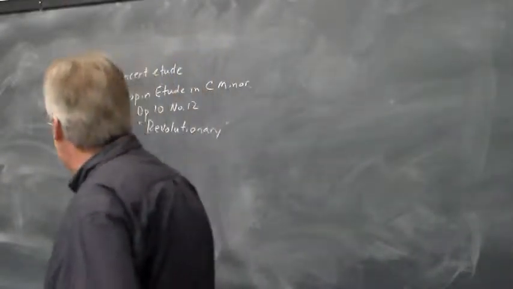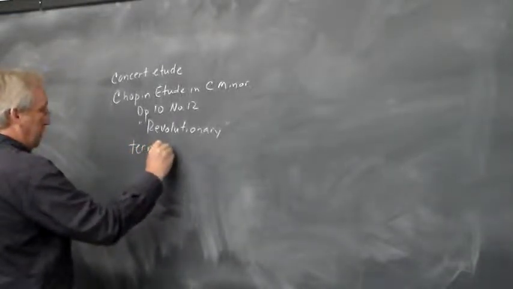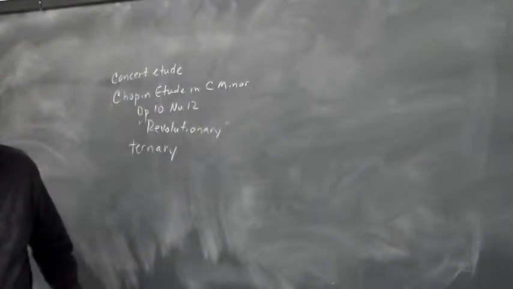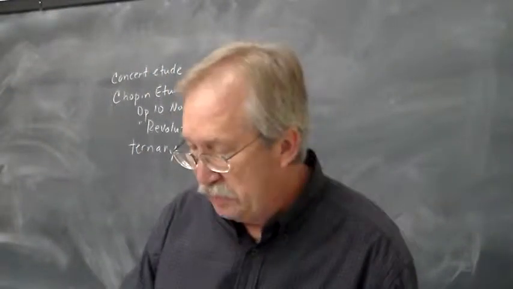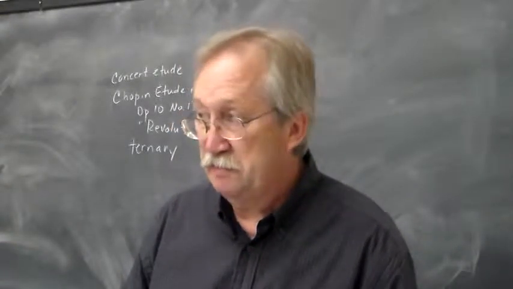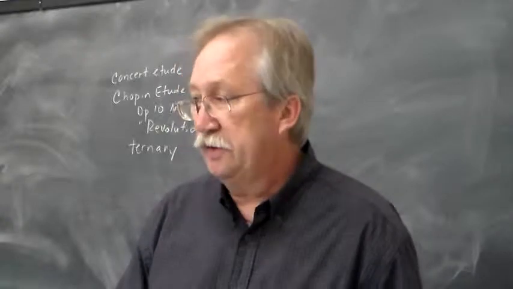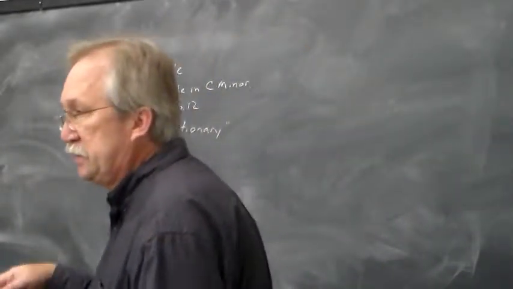And this is in a ternary form, but it's based more on the idea of the opening section coming back and having a middle section that's in a contrasting key, rather than having a contrasting B theme. So, very much like a Bach prelude, Chopin takes one idea and continuously develops that.